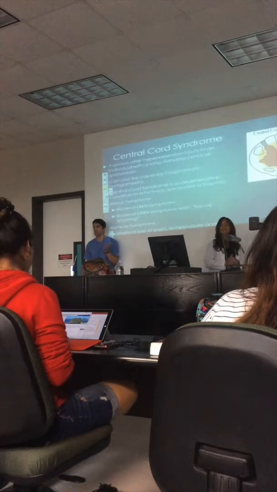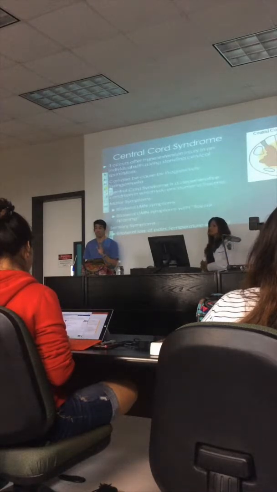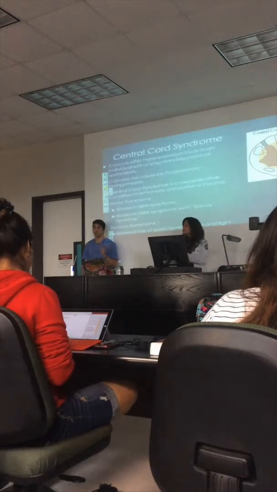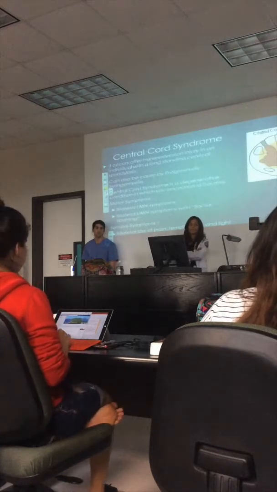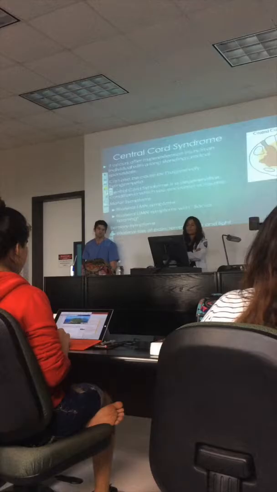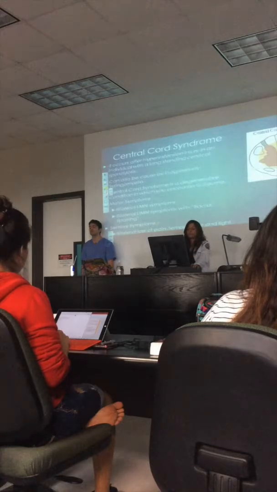It ends at C8, right? C8 is the pinky. So if it's below C8, like T2, don't jump for Hoffman's because they're not going to have it. So don't always jump for those signs. Think it through, because he's going to try to do that to catch people.